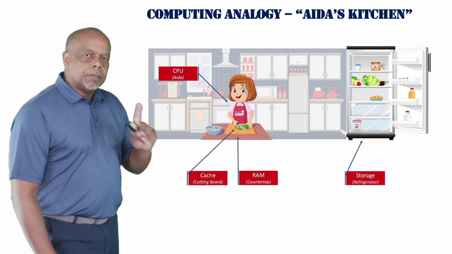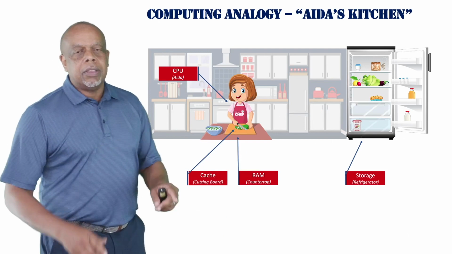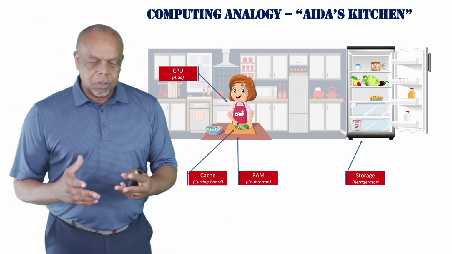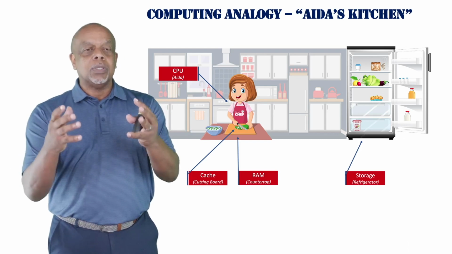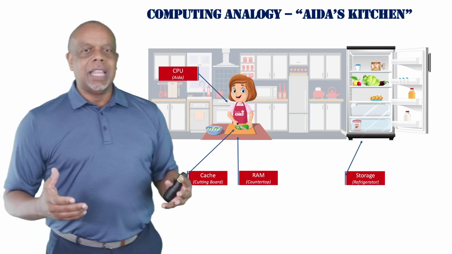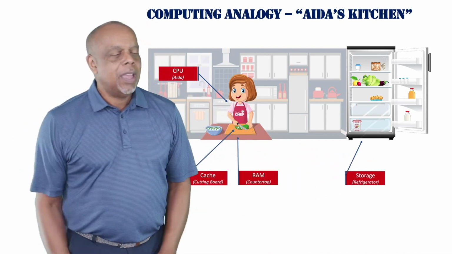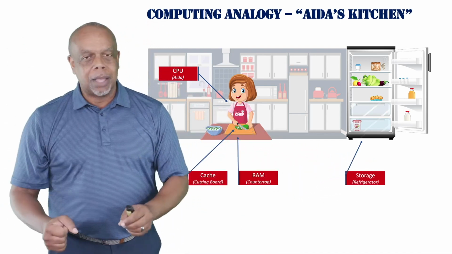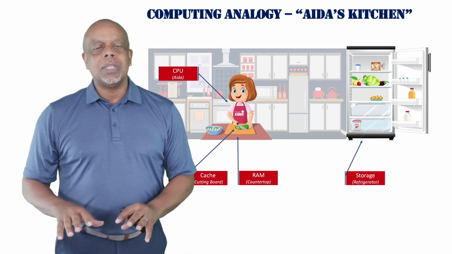Now, if you notice, her countertop is pretty small. Anybody who loves to cook, especially if they're buying a house, what's the first thing they're going to do? They're going to go to that kitchen and see how much countertop space you have. Cabinets and countertops, right? Because they know the more countertop space you have, the more you can get done.